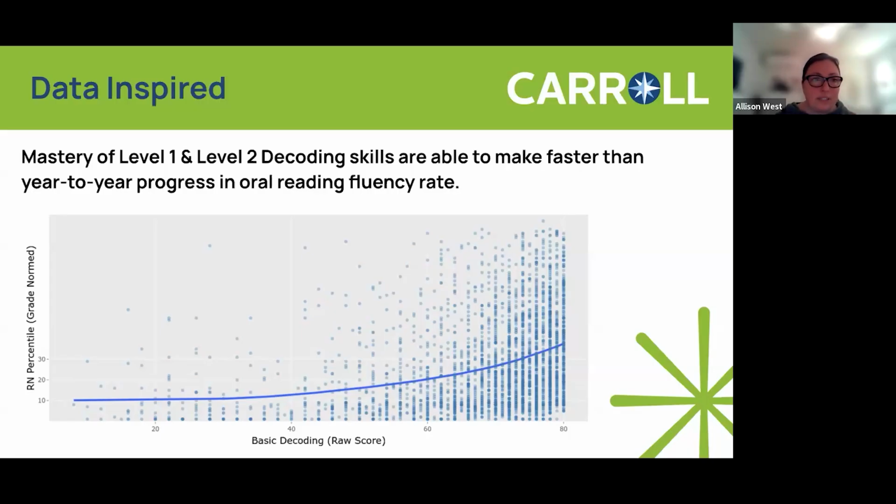One of the first things I will now look at is, where are they in the Orton-Gillingham progression? Because if they have not yet mastered levels 1 and 2, we may not see significant growth in their reading rate. So again, it helps us understand and maybe even predict in some ways a student's trajectory of growth in terms of closing the gap.